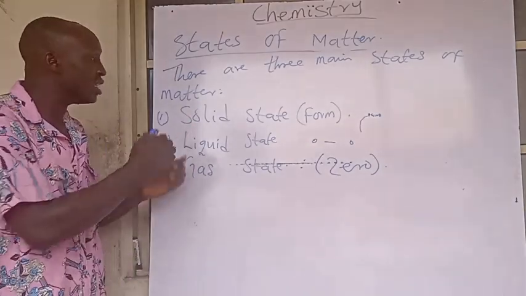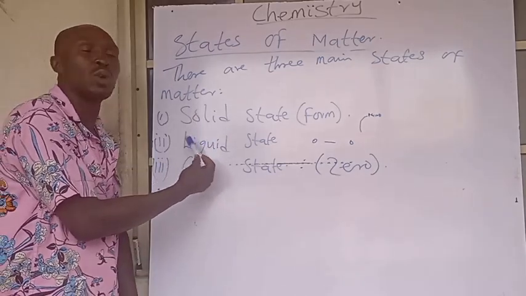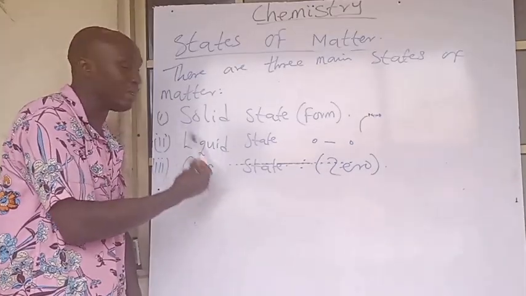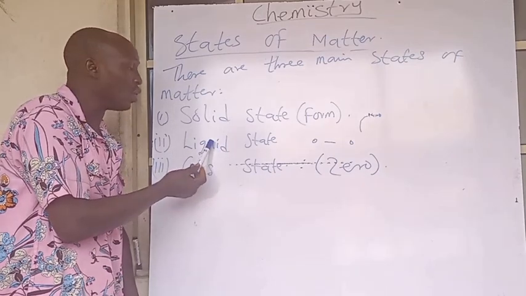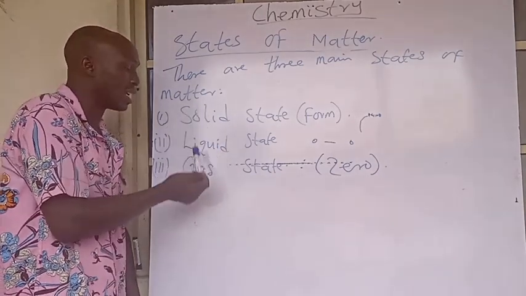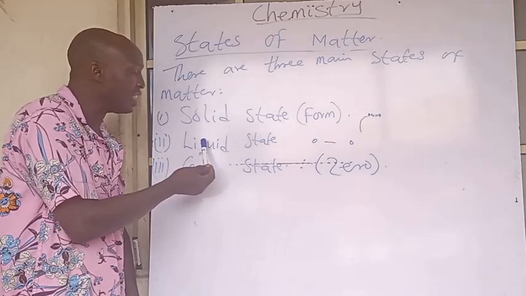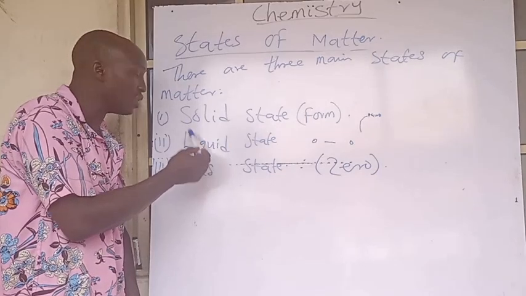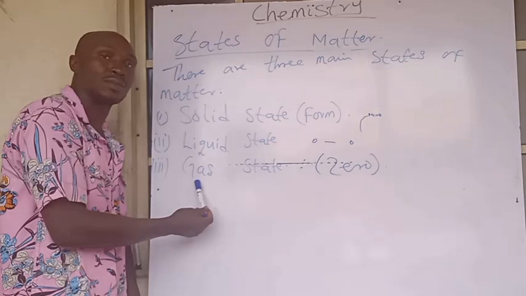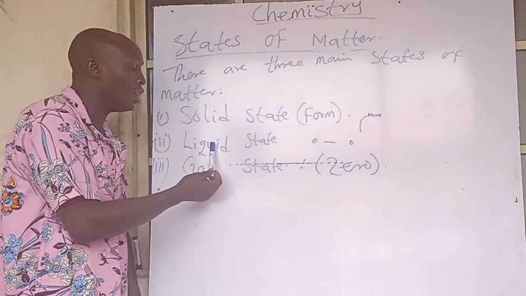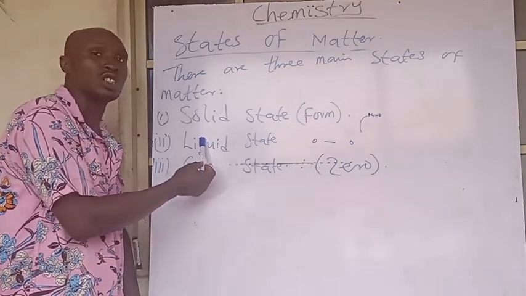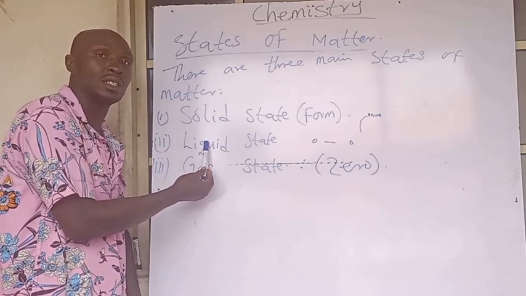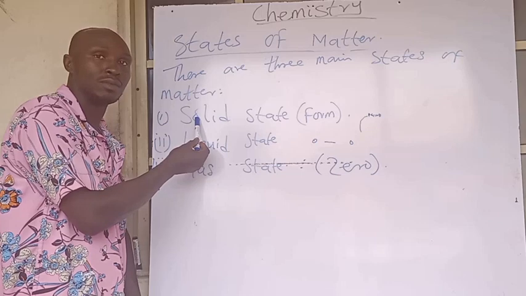The same thing happens with a liquid. A liquid material can be changed to either solid or gas. When the temperature of this liquid increases, it begins to change to gas. Or when the temperature is reduced, talking about freezing, it will change to solid.